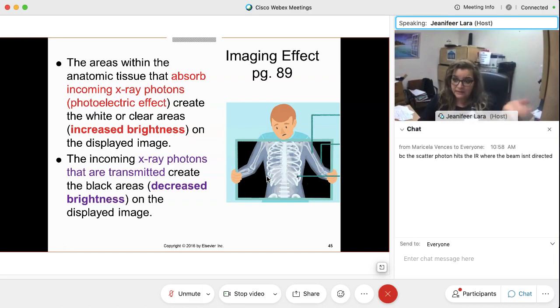However, we can still underexpose and we can still overexpose. But the image is not likely to change because we have some computer algorithms that are going to maintain a certain amount of brightness as it's displayed.